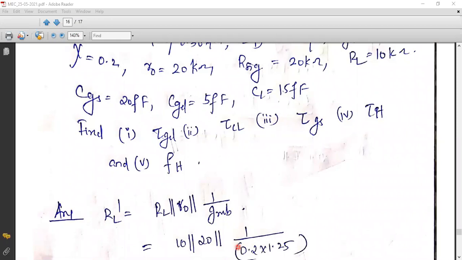Yes, what is 10 parallel 20, students? 20 by 3, sir. Okay, so 20 by 3 parallel. The other one is 4, sir.